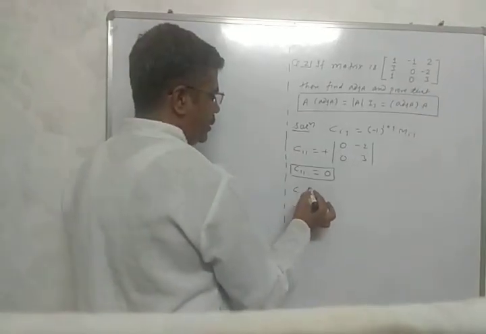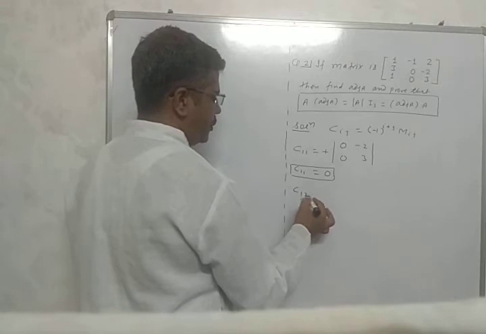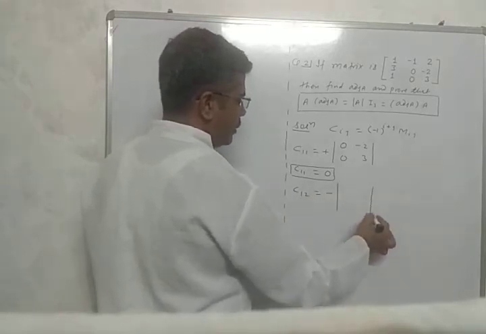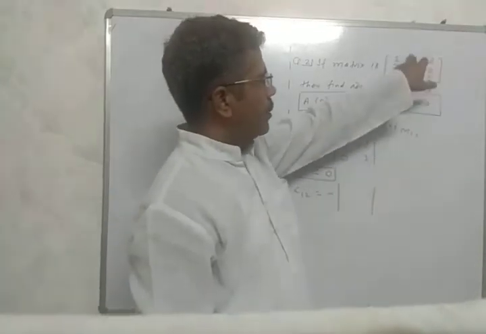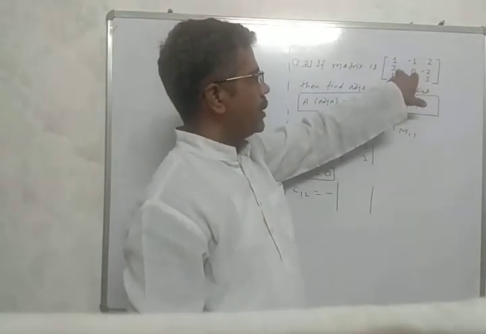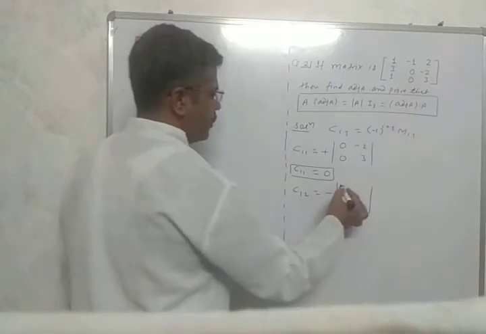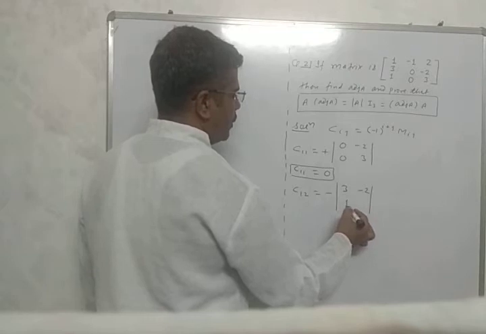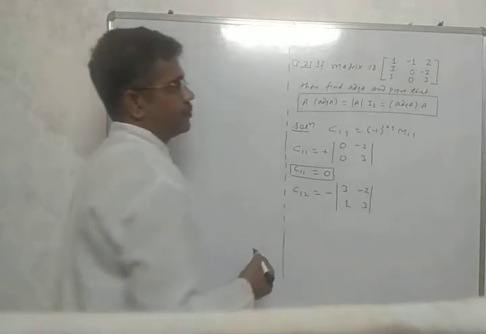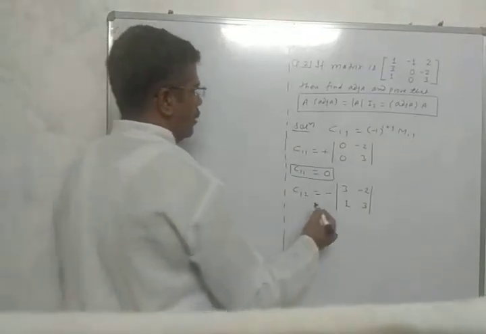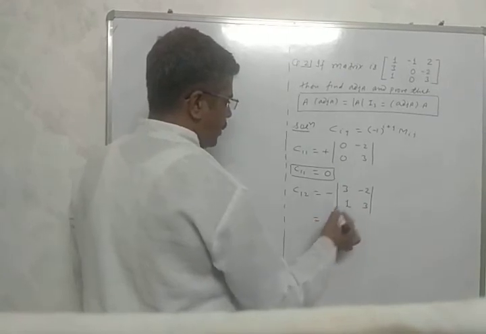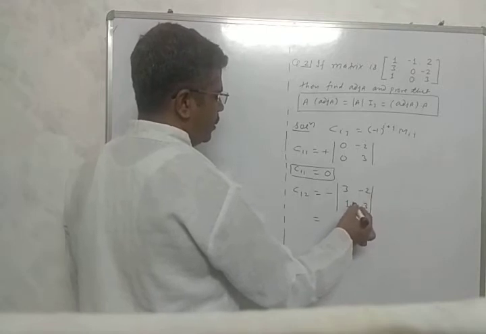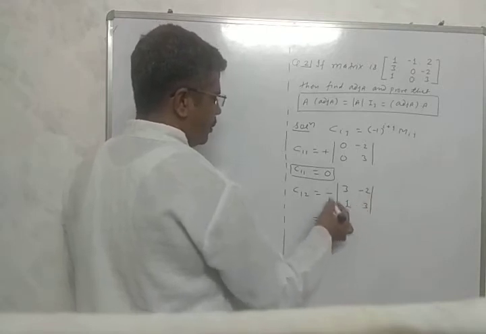We write the cofactor of 1 2, minus. We delete this column and this row: 3 minus 2, 3 minus 2 and 1 and 3. So we write 9 and minus minus plus 11, 11 minus 11.